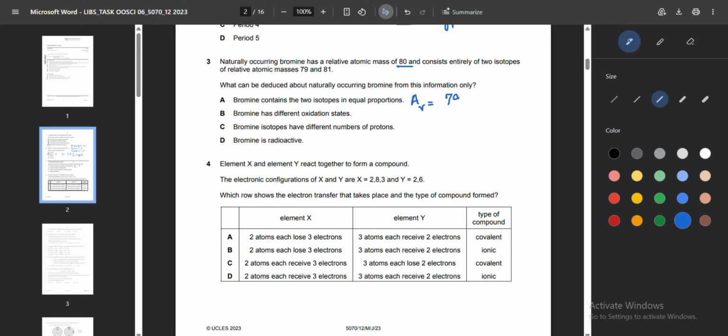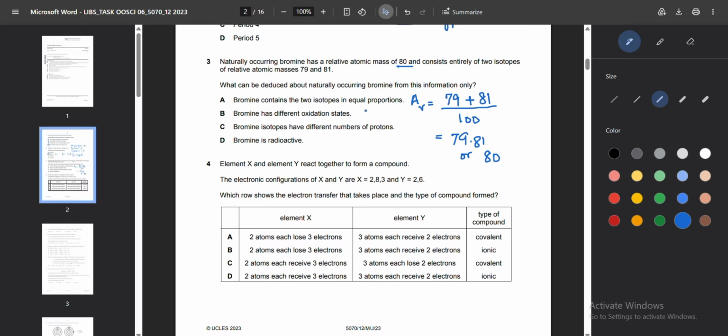So we can just take the atomic masses that are given. For the first isotope it is 79 and for the second isotope it is 81, divided by 100, and our answer would be almost 79.81, or you can round it off to 80.